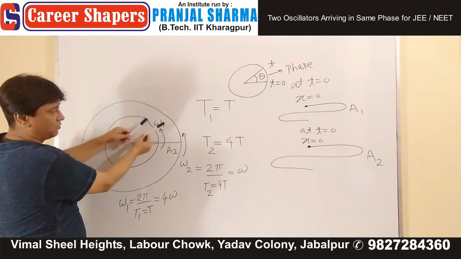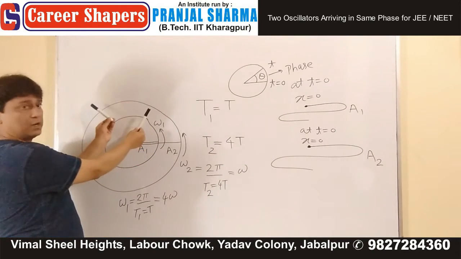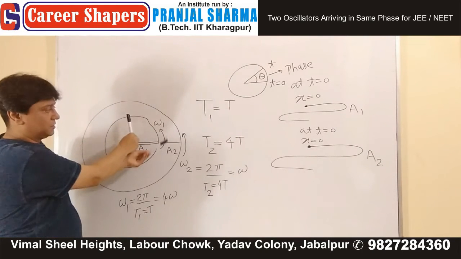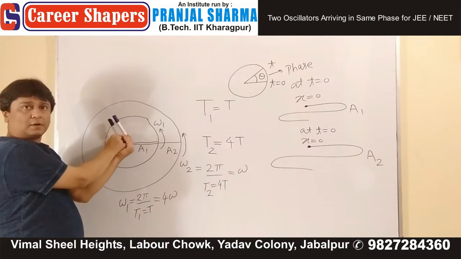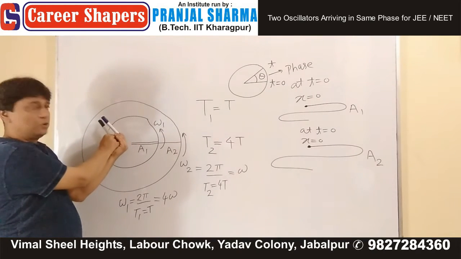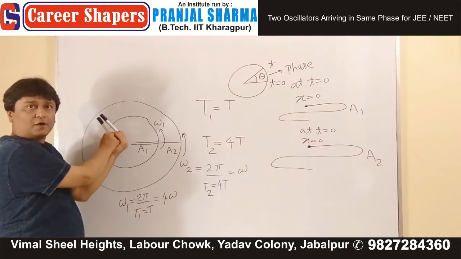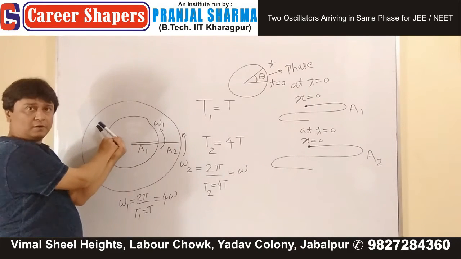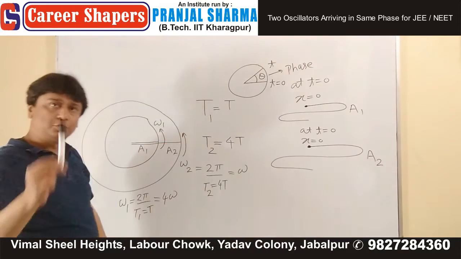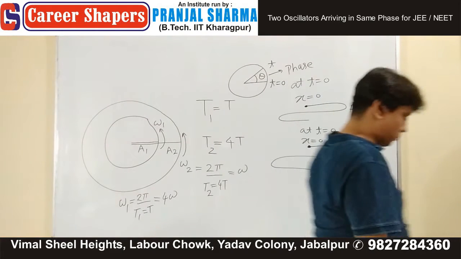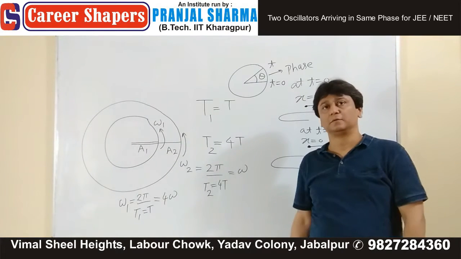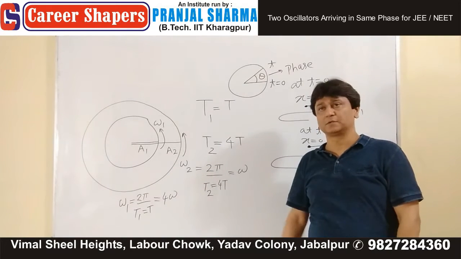The faster one, the blue one, is going to overtake the slower one at some point of time. When it does that, you will say they both are forming same angle from the horizontal or the initial point. So you need to find that time when they both are forming same angle. That's what the question is.